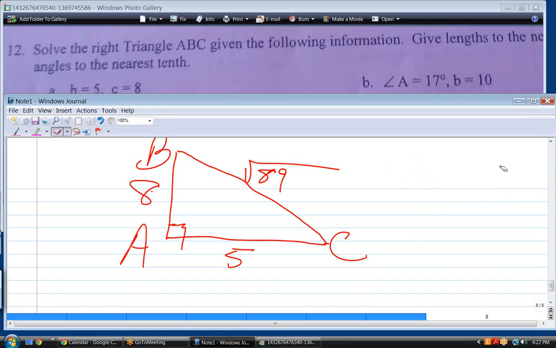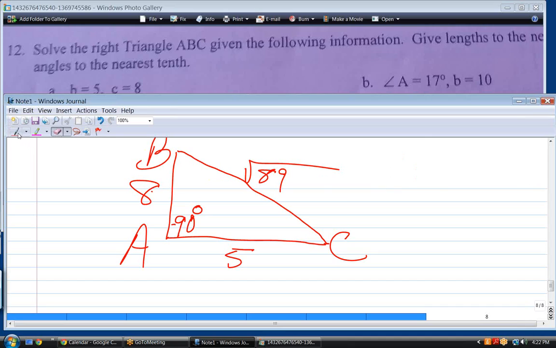Now, they still want the angles. What's angle A? A is 90 degrees, obviously. What's angle B? Use a trig function.